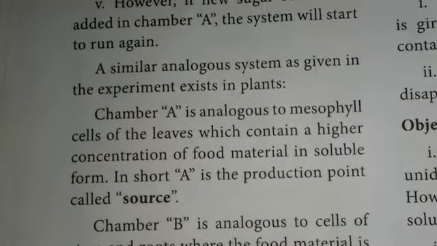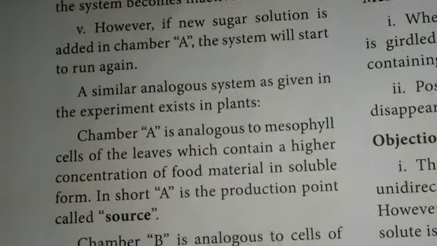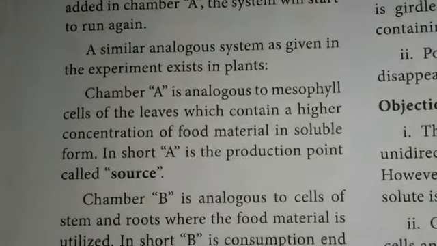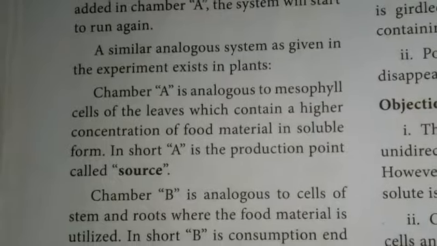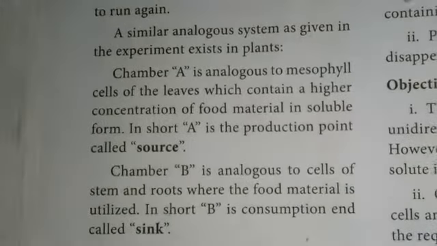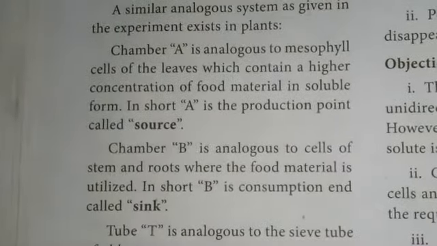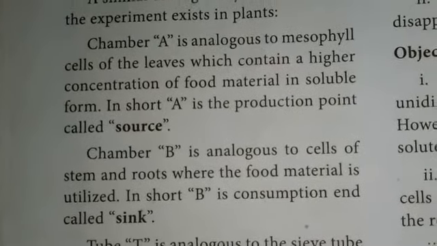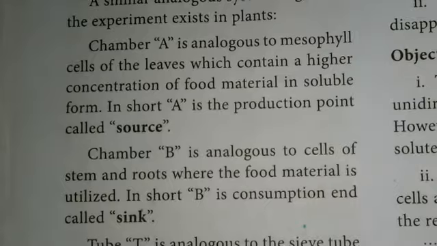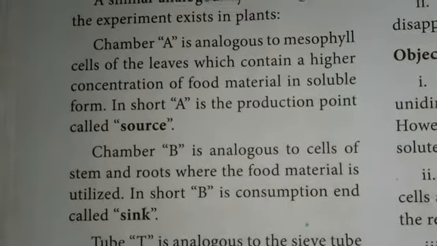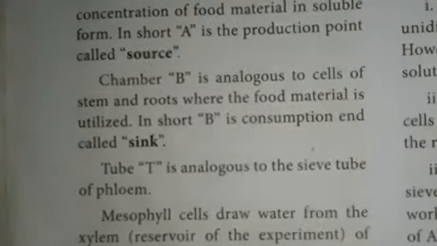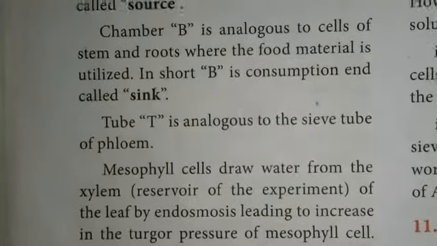It is a similar, analogous system to the one given in the experiment, existing in plants. Chamber A is compared to the mesophyll cells of the leaves, which contain a higher concentration of food material in soluble form. In short, A is the production point, the photosynthetic area, called the source.